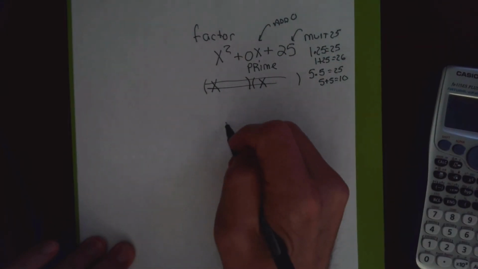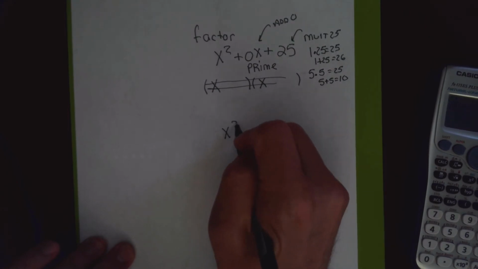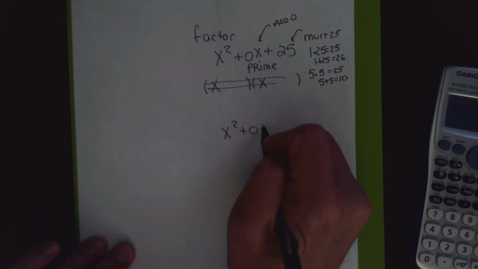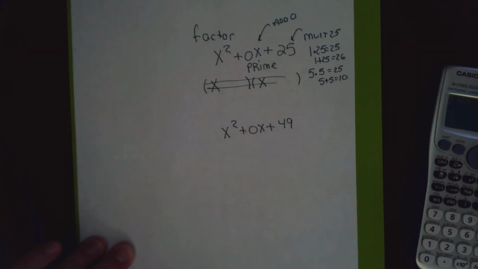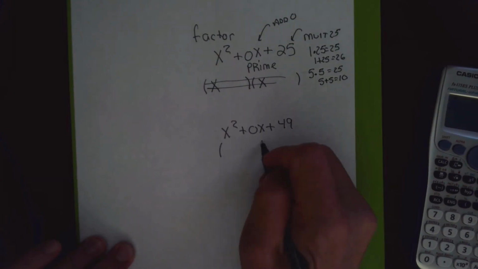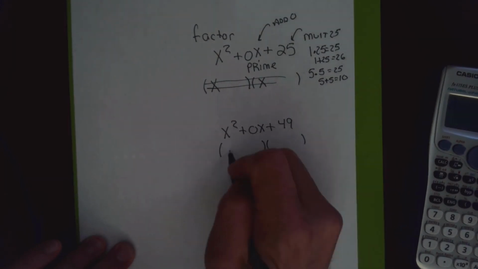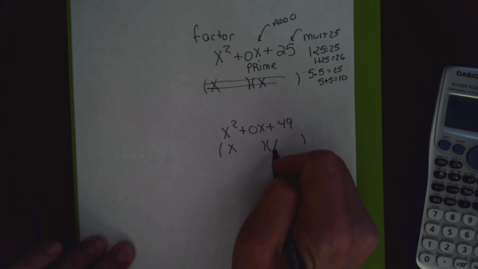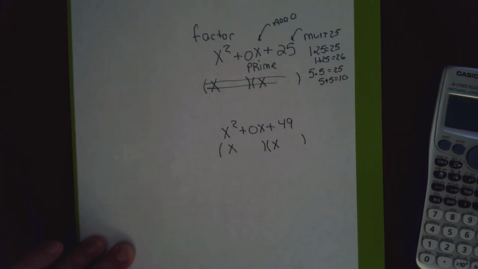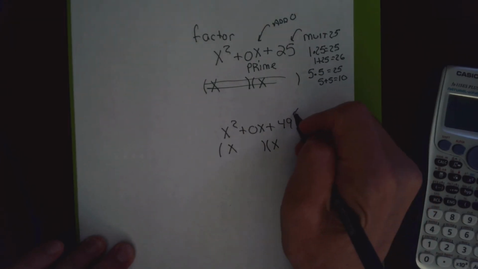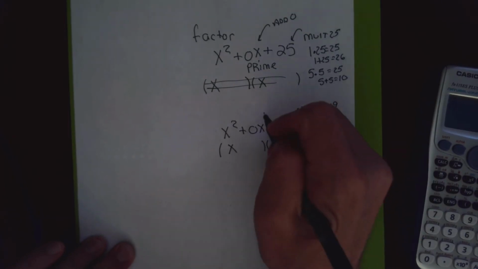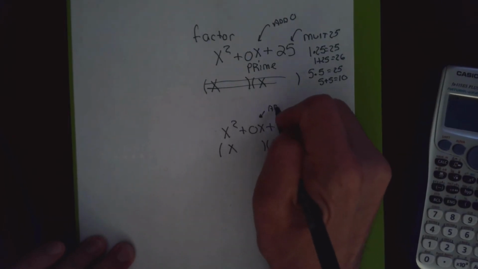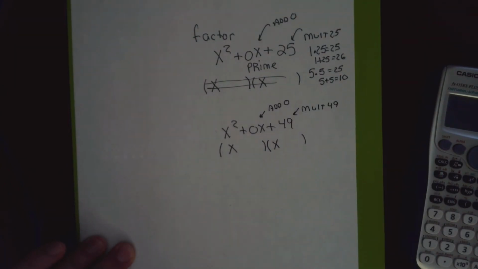Similarly, if I wrote a problem like this, x squared plus 0x plus 49, I should be able to sight factor this similarly. I can create two parentheses, split the x squareds evenly between the firsts, and then look for numbers that have to multiply to 49. They have to add to 0, and they need to be double plus.